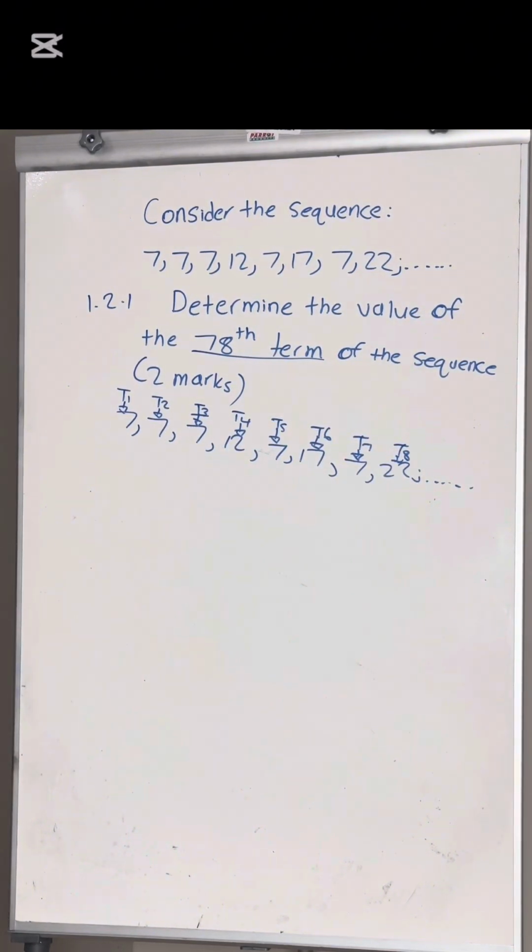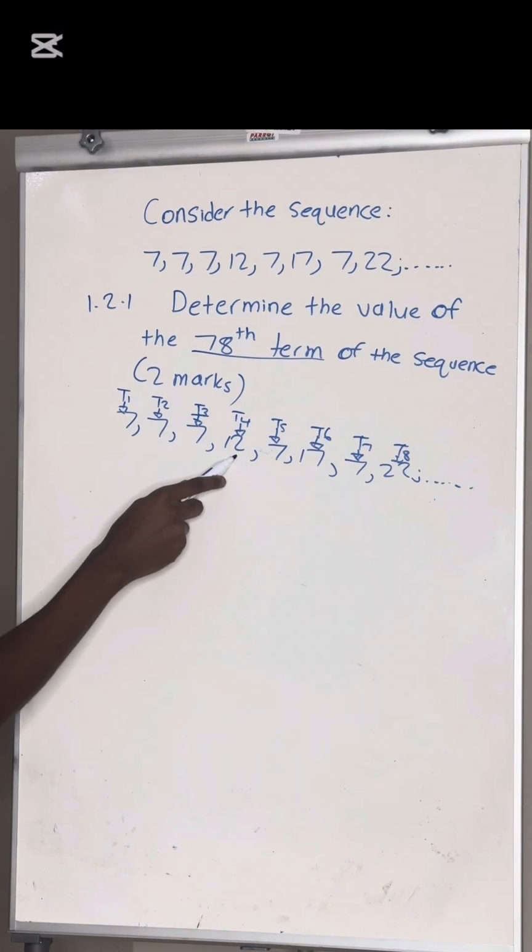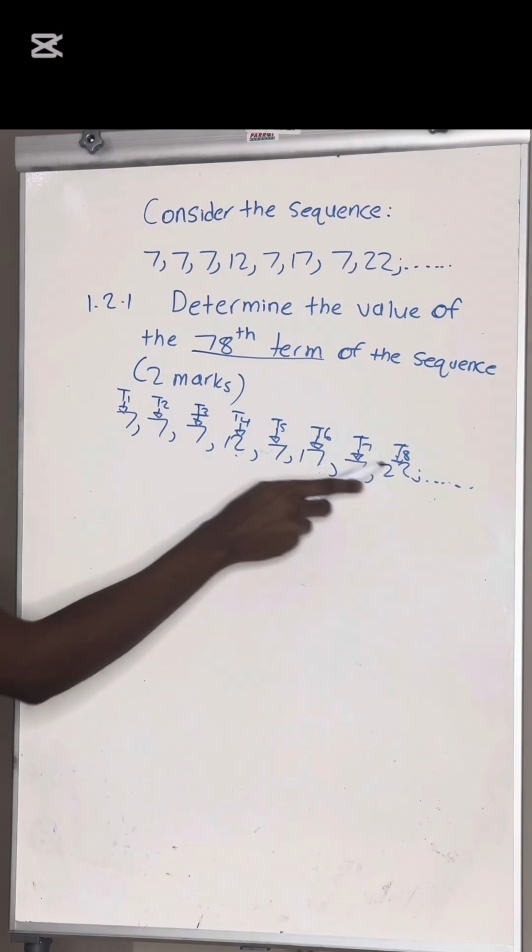Now, when looking at term 1 and term 2, nothing has changed. From term 2 to term 3, nothing has changed. But from term 3 to term 4, something has changed. Okay, when looking at term 2 and term 4, they're quite different. And when you look at term 4 and term 6, they're different. Term 6 and term 8, they're also different.